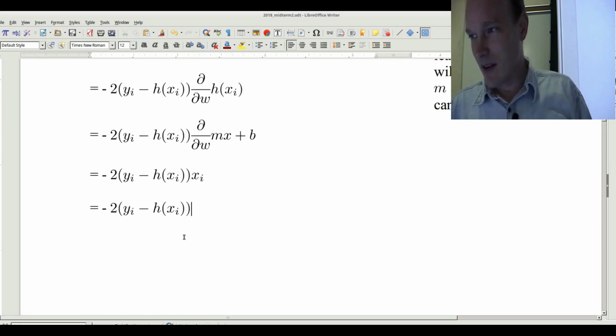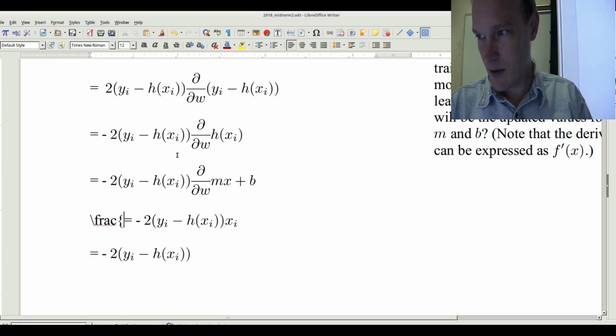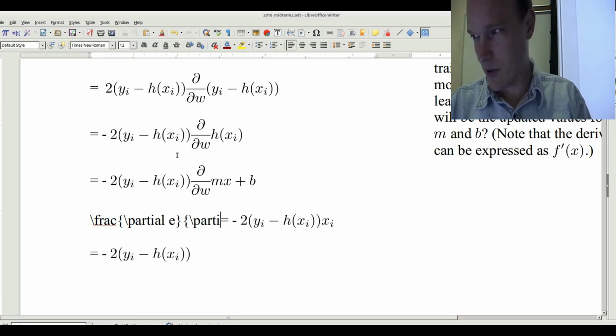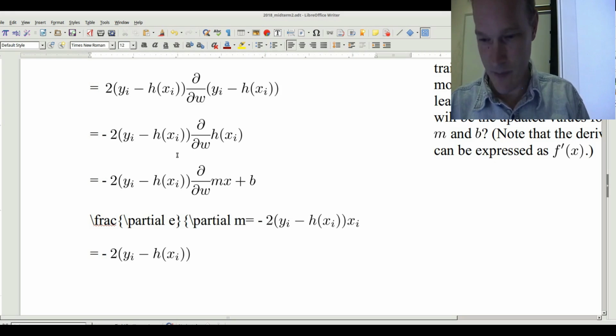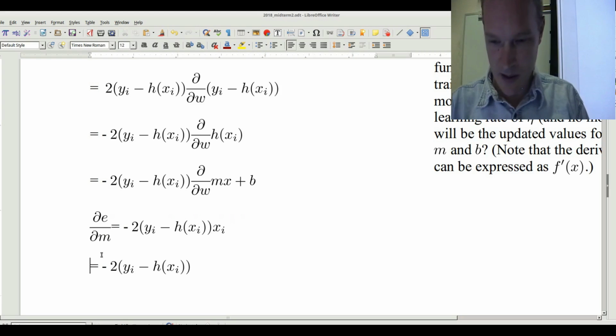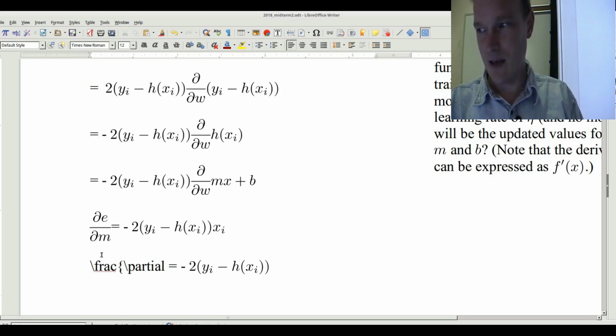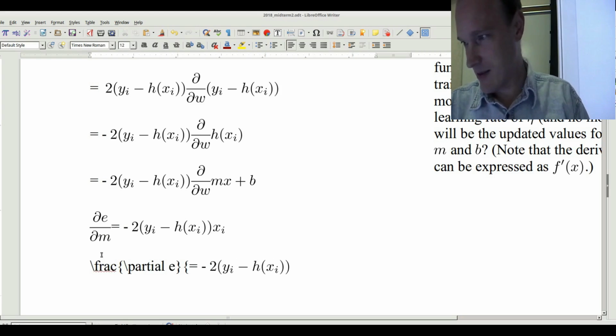Okay, so this one is the partial of e with respect to the partial of m. And this one is the partial of b. I'm secretly teaching you with TeX while I show you the answers here.